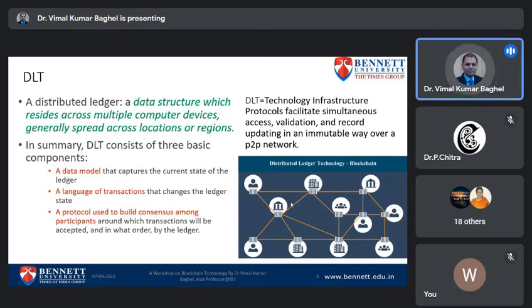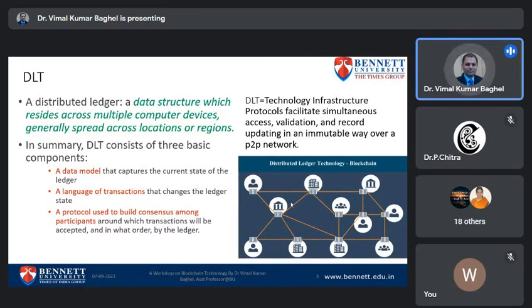The third one is how we can build the consensus, which is a major thing inside distributed ledger technology, consensus among all the participants participating in this distributed ledger. For this protocol, we are using consensus protocols like proof of work or proof of stake, or many others which are improved versions of these.